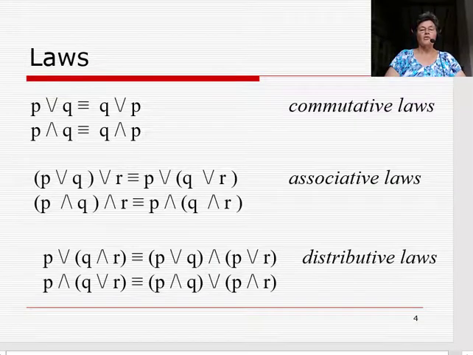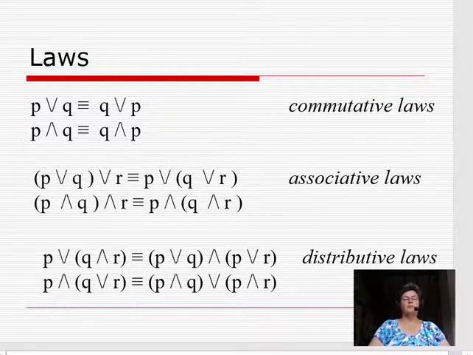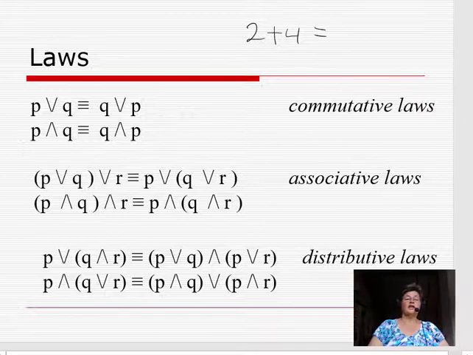Then we also have our commutative, associative and distributive laws, which are exactly the same as in set theory, or if you want to compare it with your high school calculations, 2 plus 4 is of course exactly the same as 4 plus 2. Commutative law. And this also applies for the or and the and.